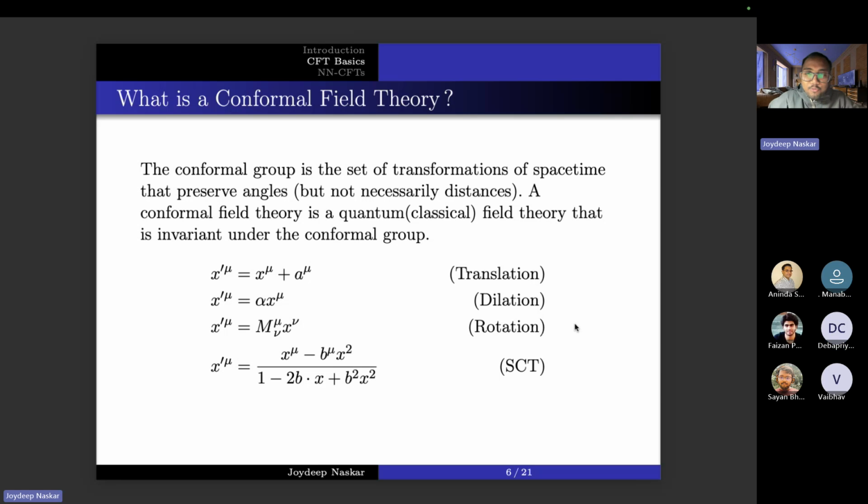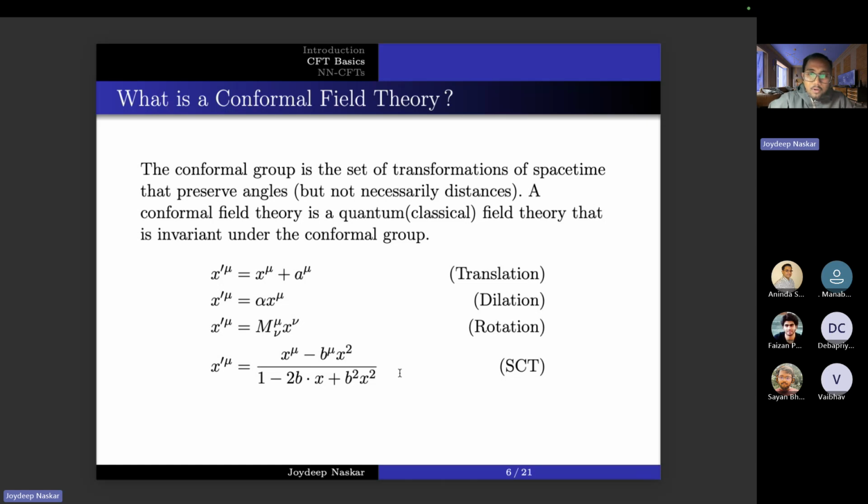So just to remind or to familiarize people who may not be familiar with CFT, the conformal group is a set of transformations that preserve angles, and it includes 4 transformations mostly: the translation, the dilatation, the rotation, and the special conformal transformation.